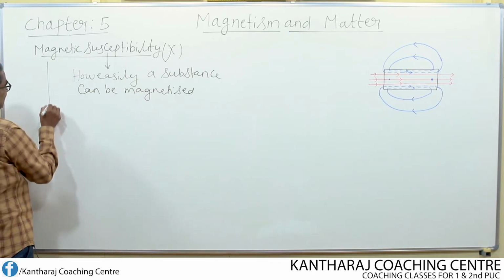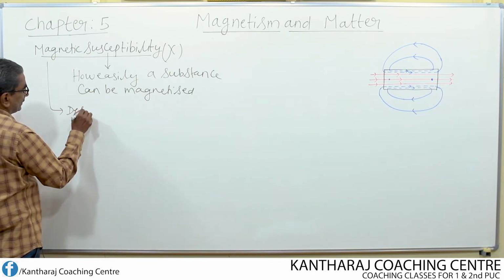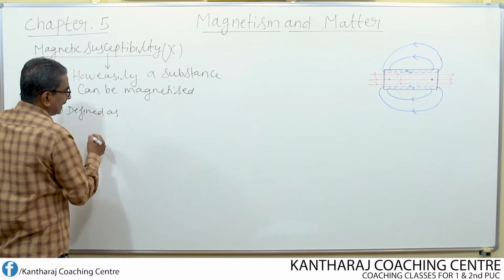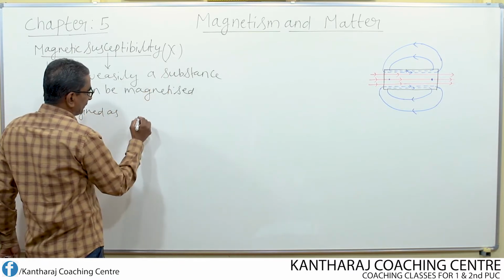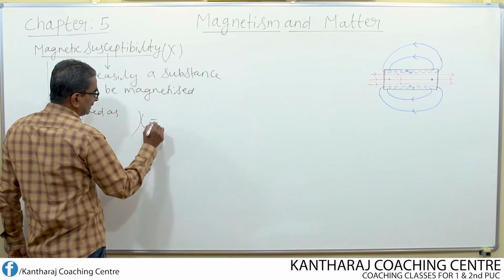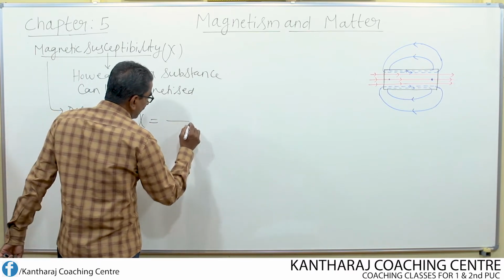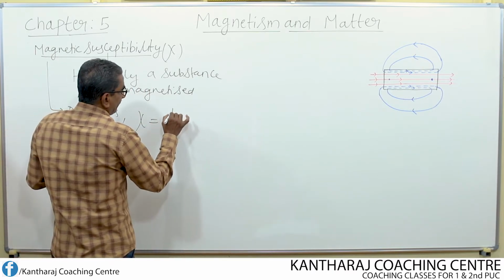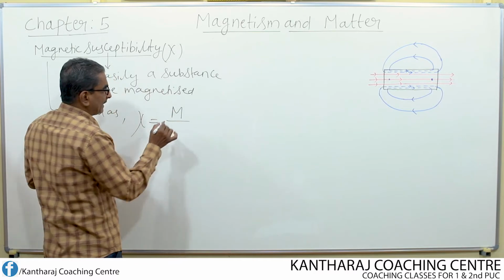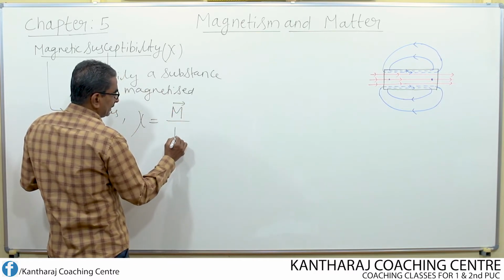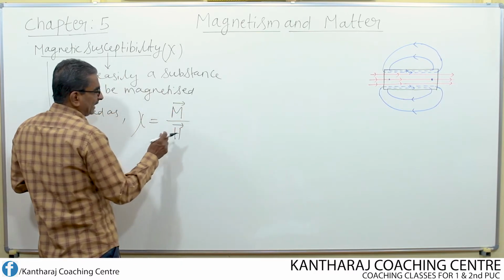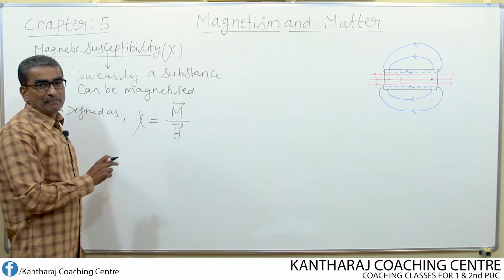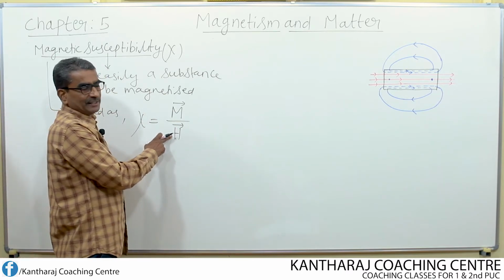And actually it is defined as, since it is represented by chi, I write like this: the ratio of intensity of magnetization, that is M, divided by H. H is nothing but magnetic field intensity.